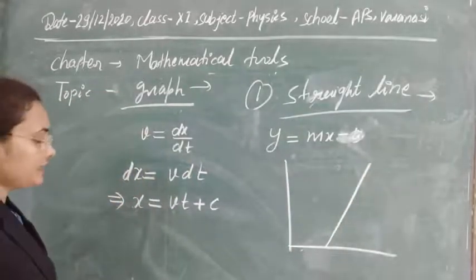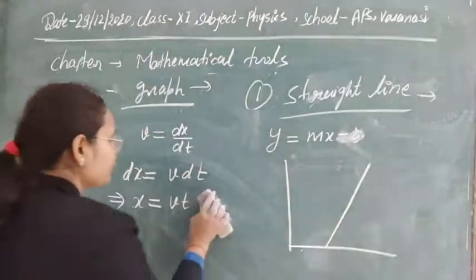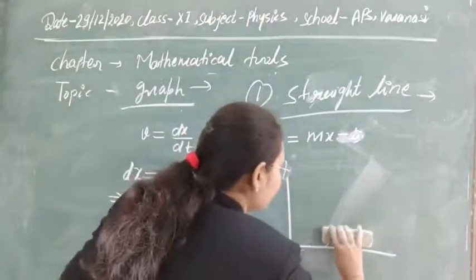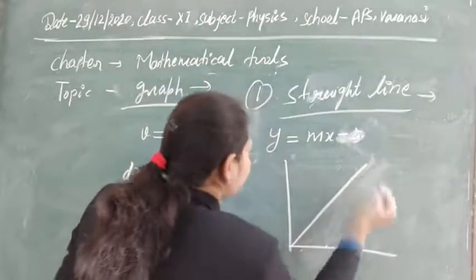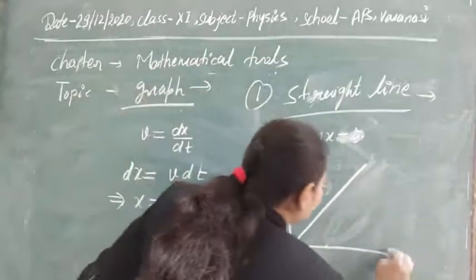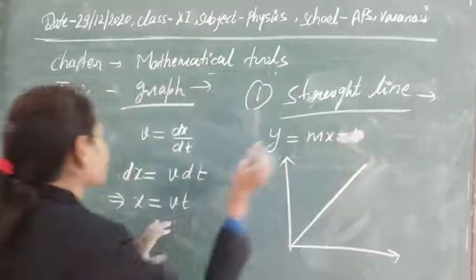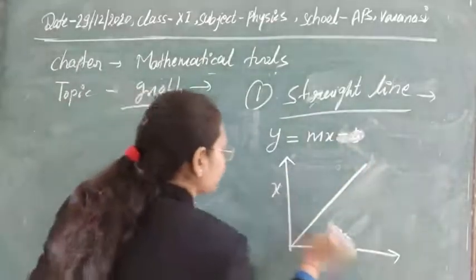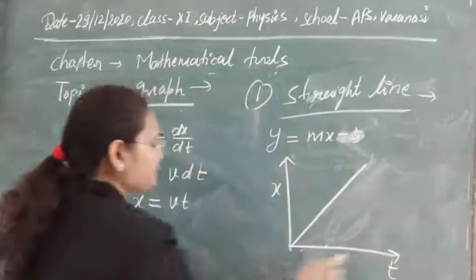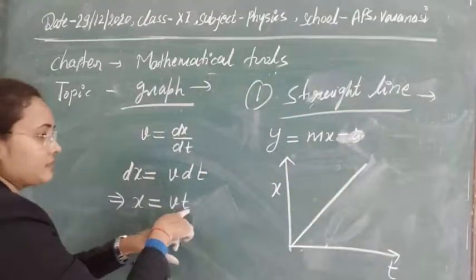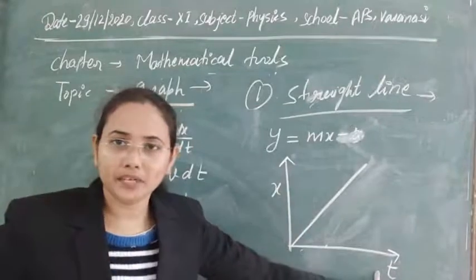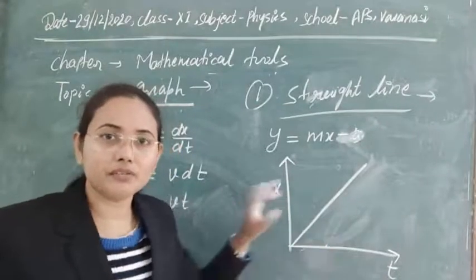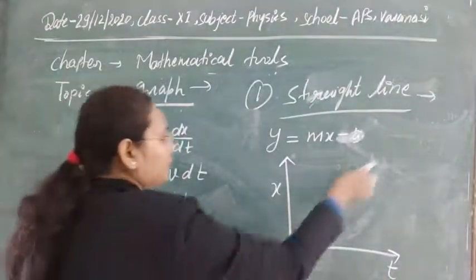And suppose in this graph the value of c is 0, then the graph will be just like this. This is x, this is t. At the x-axis there is t, and on the y-axis there is x. So this is the distance-time graph we can plot easily with the concept of a straight line, and this is the linear graph.